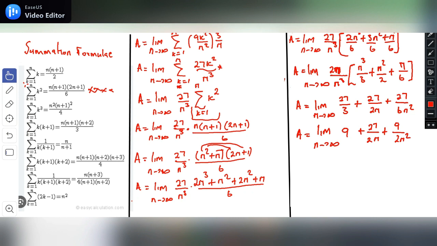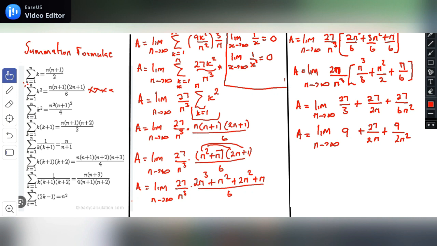Before you can continue, just know that, let me write them here, the limit as x approaches infinity of 1 over x is always 0. And also the limit as x approaches infinity of 1 over x squared is also always 0, right?